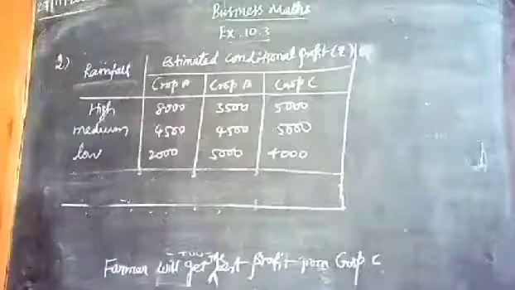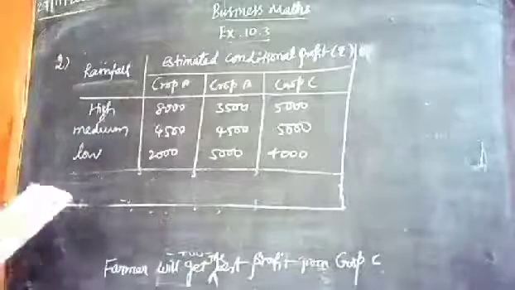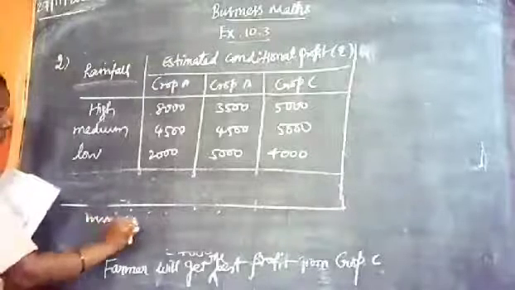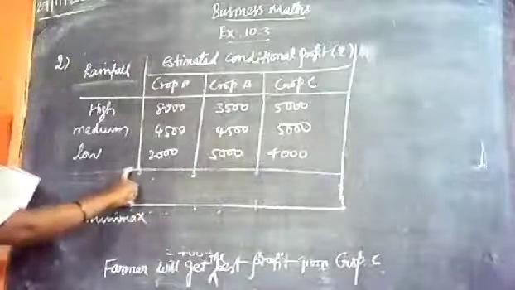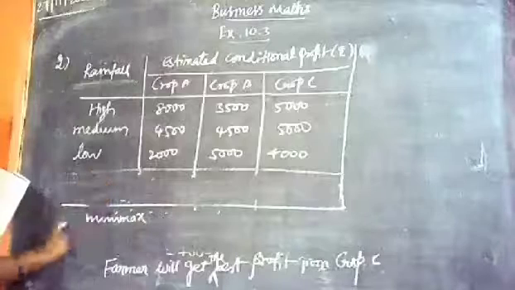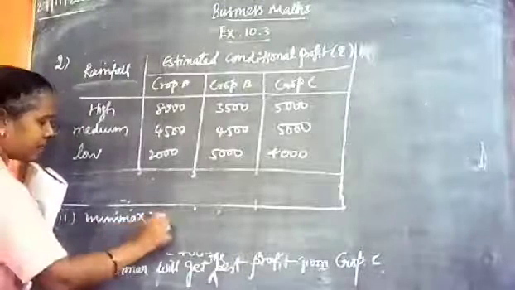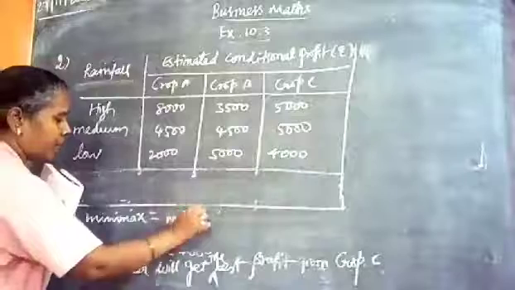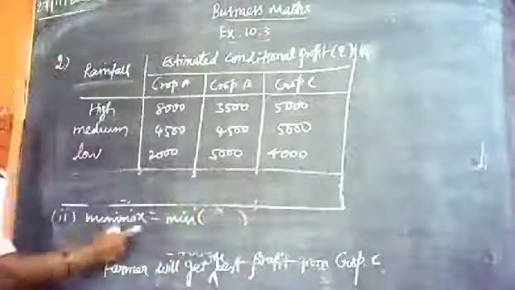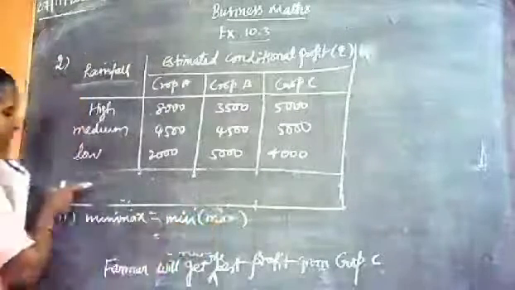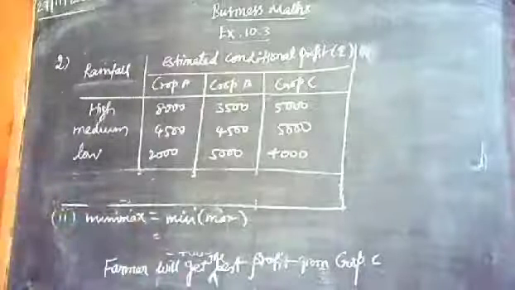Now look at the second subdivision. This is minimax. Under the table, write the question minimax. Before creating a fresh column or fresh row, write the question here, subdivision 2, as per our instruction. What is the instruction now? Minimum of this maximum. So the new row you are going to create here is maximum.